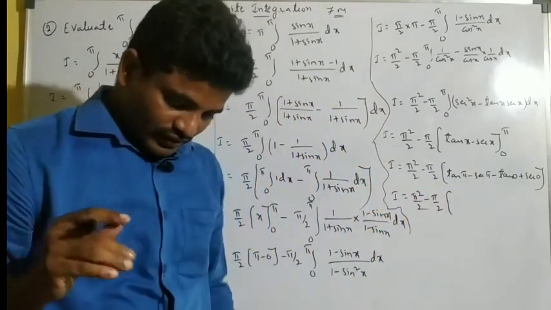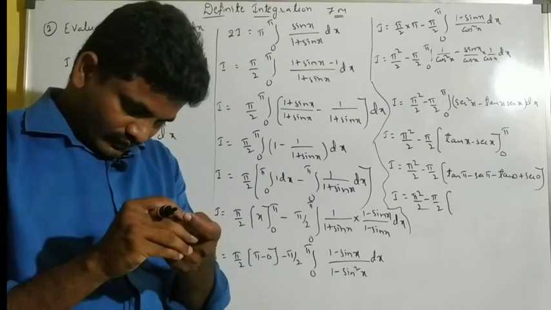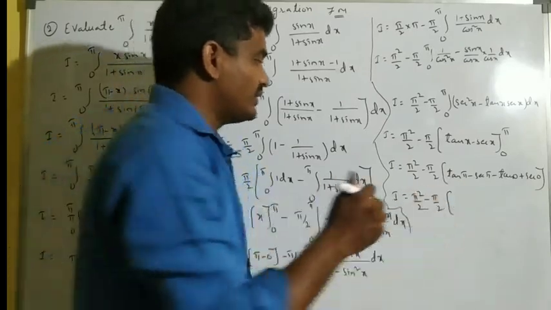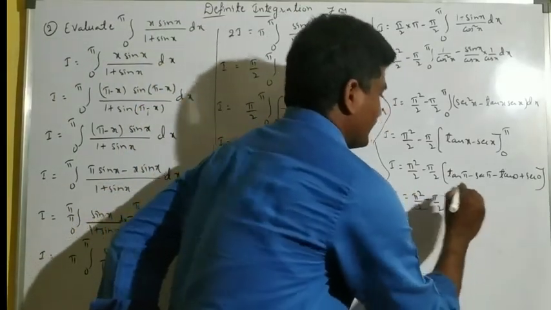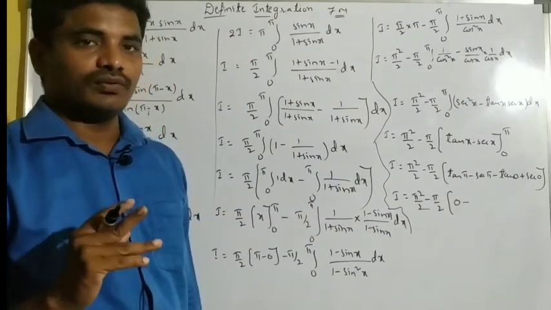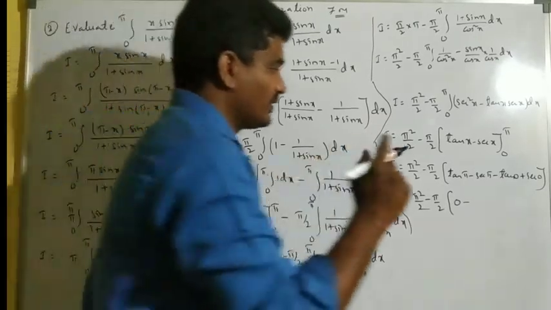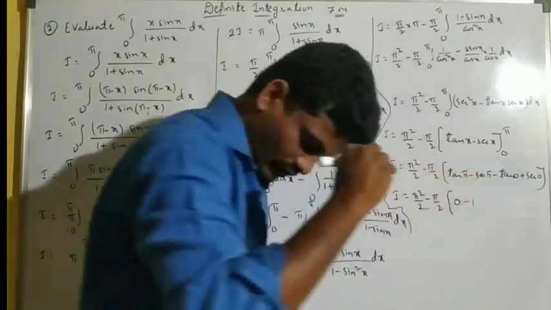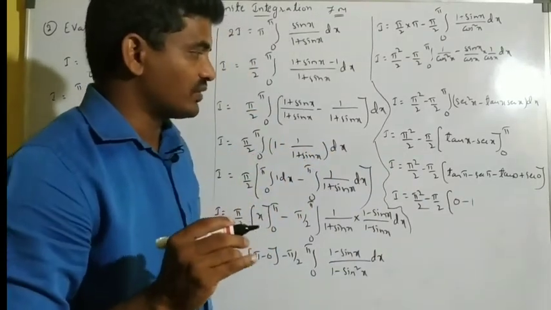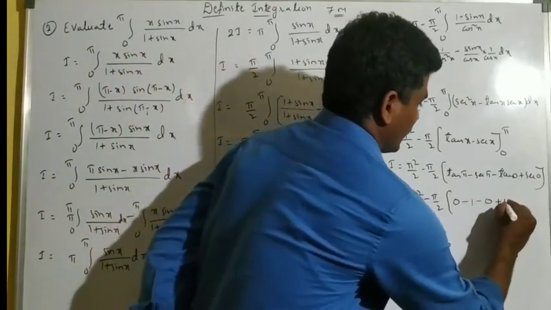Tan pi value is equal to what here? Tan pi value is 0, minus secant pi value. Secant pi value, we know, is minus 1, and tan 0 value is 0, and secant 0 is equal to 1.